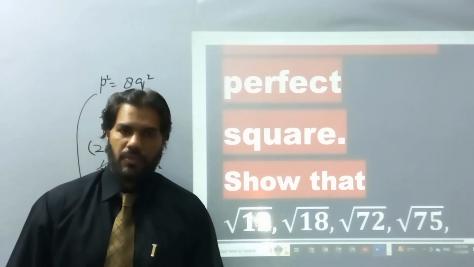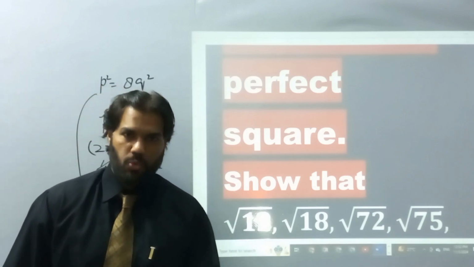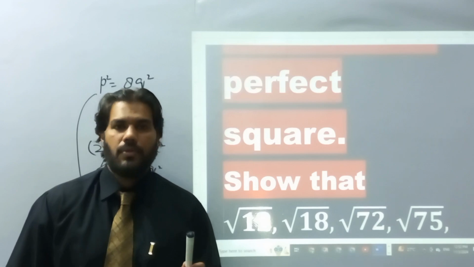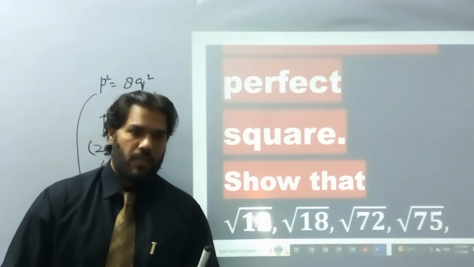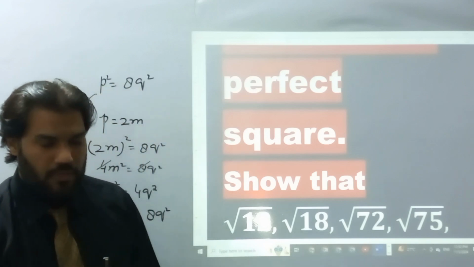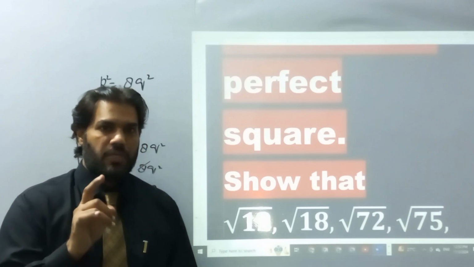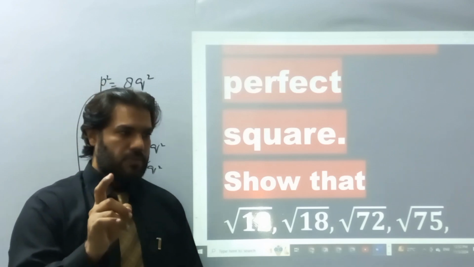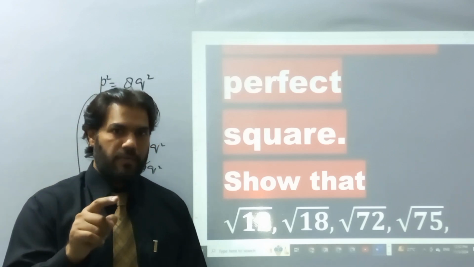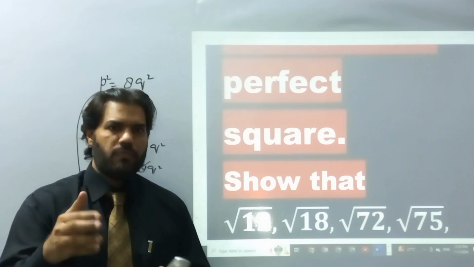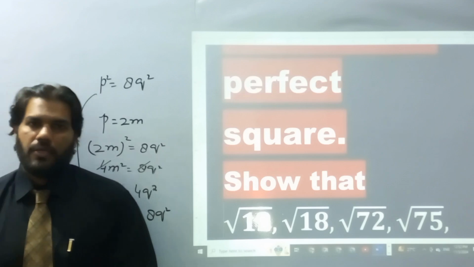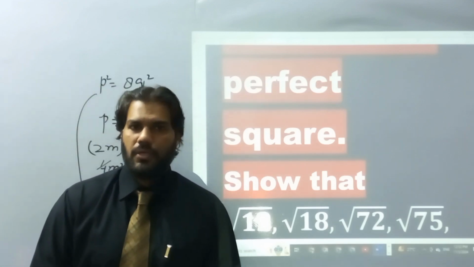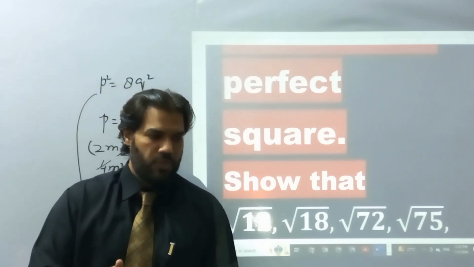Our n inside the square root will be a composite number and contain a square factor. In case number 2, we also discussed the case of a composite number, but there our n was the product of distinct primes. In this case, our n is a composite number and contains a square factor.